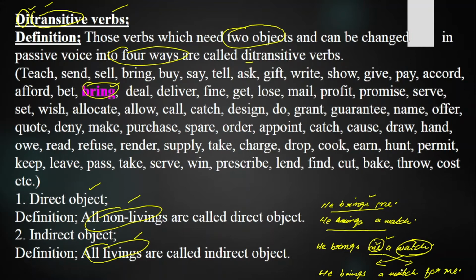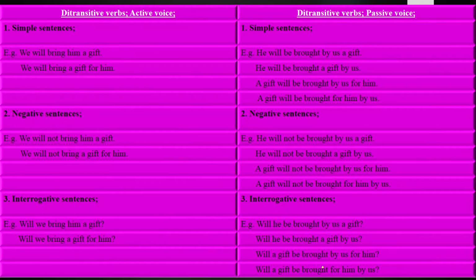So this is the way to change them in active voice into two ways. Now the main target we have got is how to change them from active voice into passive voice.